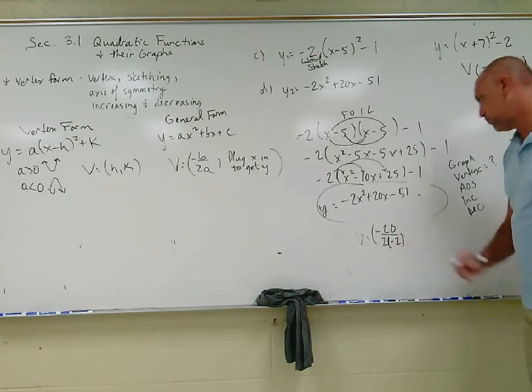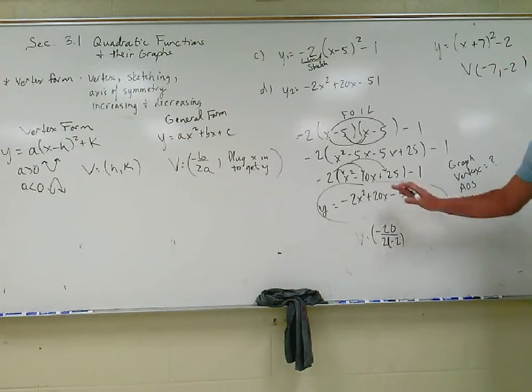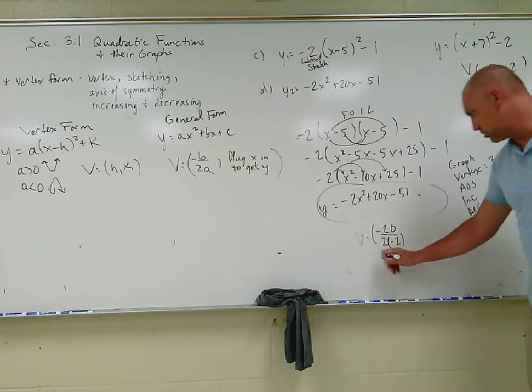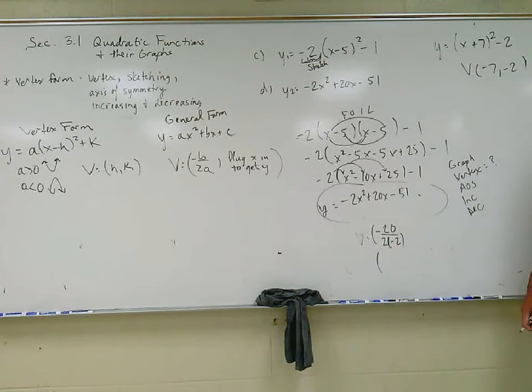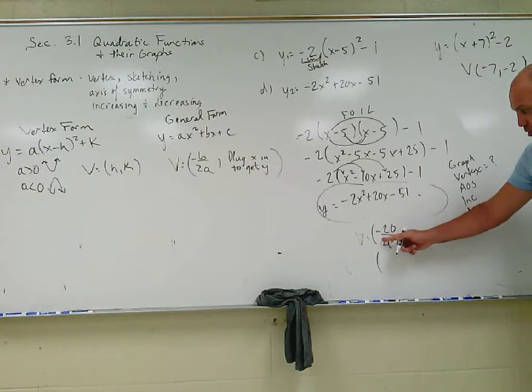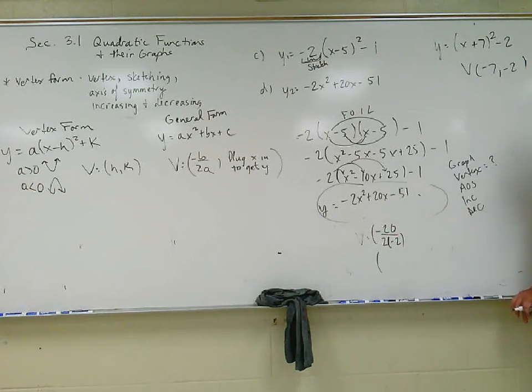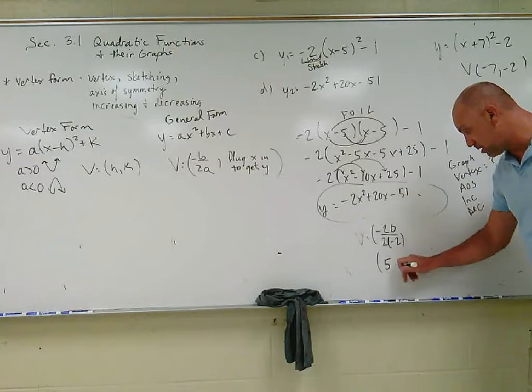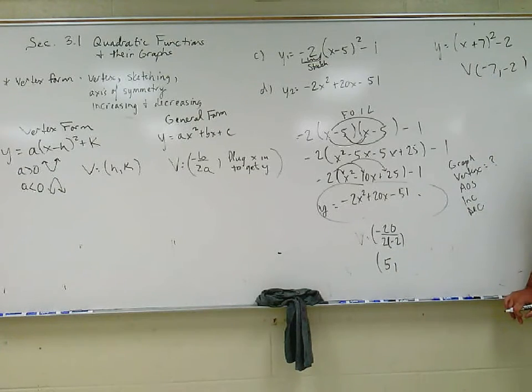All right, do the little math on that and see what answer you get. That's -b over 2a, and that's multiplication there. So what's -20 over -4? Is that what we should have gotten? Yeah.